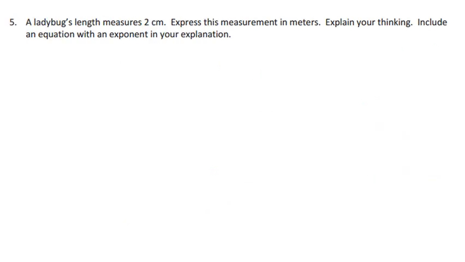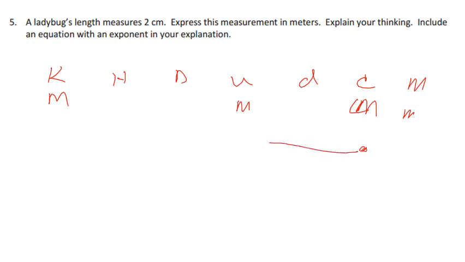On 5, a ladybug's length measures 2 centimeters. Express this measurement in meters. King Henry doesn't usually drink chocolate milk. Millimeter, centimeter, kilometer, and our meter. Says we're at centimeter right here. And we're going to meter. I know going from right to left is division.